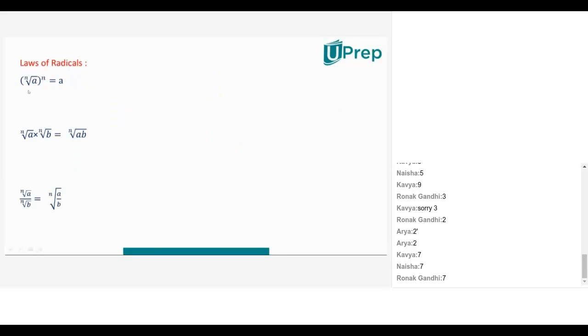Now let's get into some fundamental laws of radicals. Nth root of a, whole to the power of n.